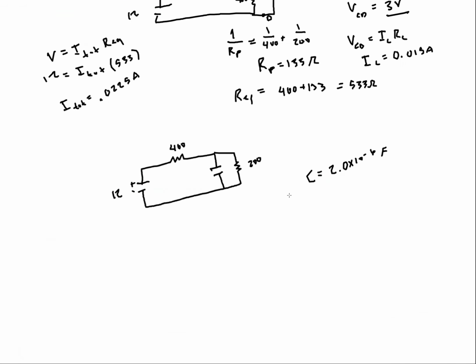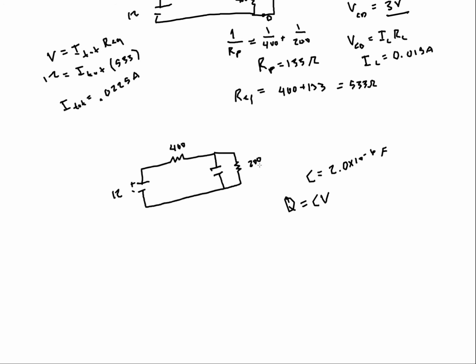Okay, so the charge on a capacitor, Q equals CV. And this V is the voltage at that capacitor. It's not the voltage at the battery, but the voltage at this capacitor. Now, we solved for VCD before, but that was when this was a resistor.